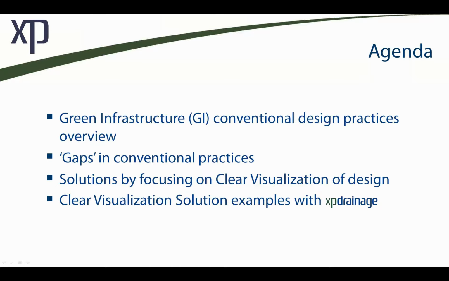Once we look at these procedures, we're going to find there are some gaps in these practices which will lead to some issues. We're going to cover those gaps, what those issues are, and ultimately how these gaps can be overcome by clearly visualizing our green infrastructure design. There'll be an example of this using XPDRAINAGE at the end of the presentation.